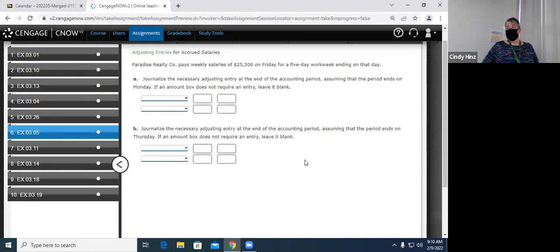But I want to talk a little bit about each one because, as I said, these are the types of adjustments that most or maybe even all companies need to do on a regular basis. It's important to me that you understand why we do it, not just how we make the entry, but why it works like this and where the numbers come from.